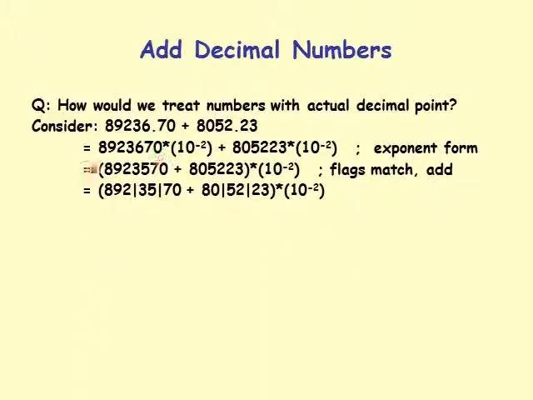Again we can add them up using number splitting. 70 plus 23 is 93. 52 plus 35 is 87, and 892 plus 80 is 972. So we get 972, 87, 93, and the exponent is still the same, 10 raised to the power minus 2.